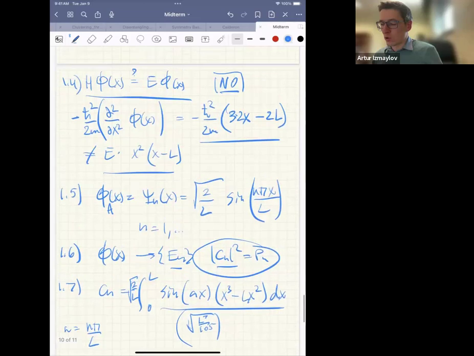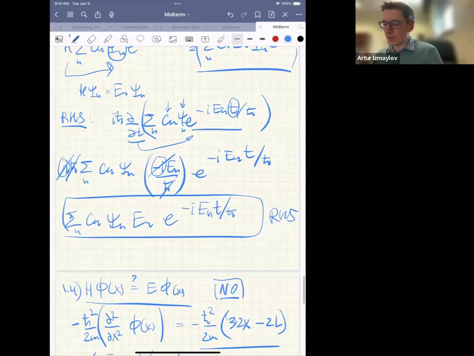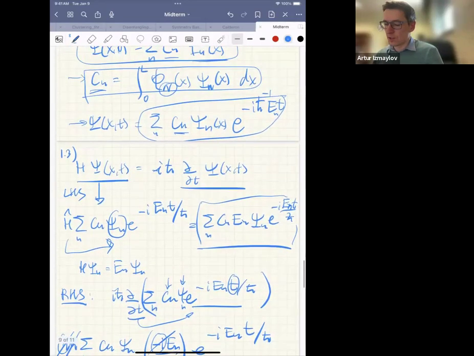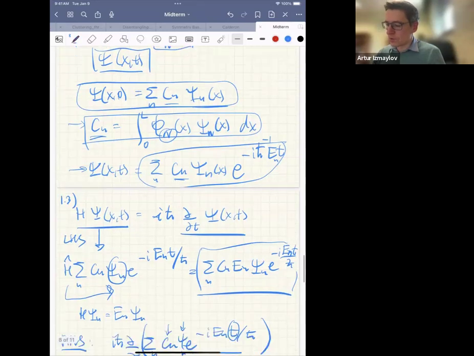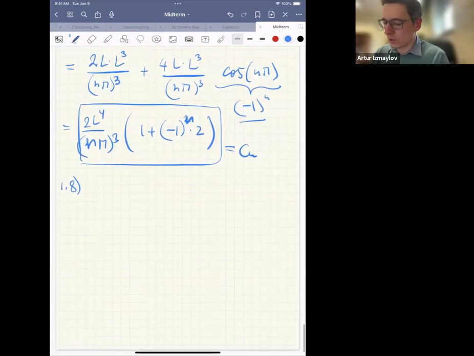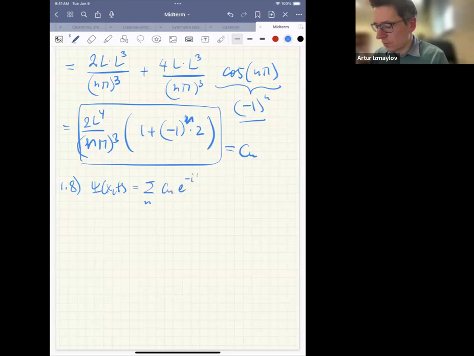They won't, because technically one could say that the coefficients in the solution of the Schrödinger equation are, well, let me write it down carefully. Technically, psi of x,t is a sum over n of Cn times exponent of minus i En t divided by h bar, times psi n of x, right?